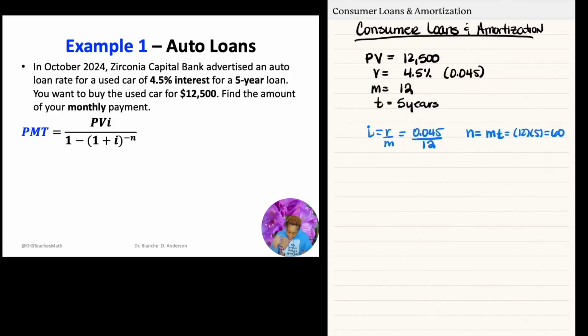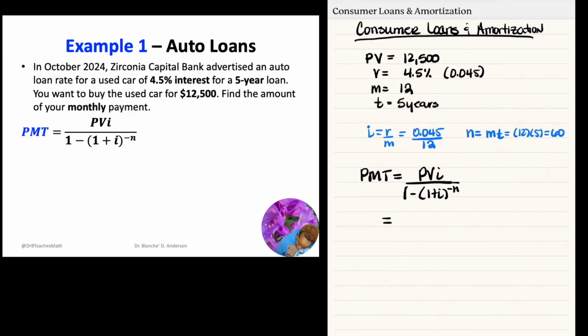So now we plug it into the formula, plug and chug, right? The formula is PV times I divided by 1 minus (1 plus I) to the negative N. So I'm going to plug and chug.